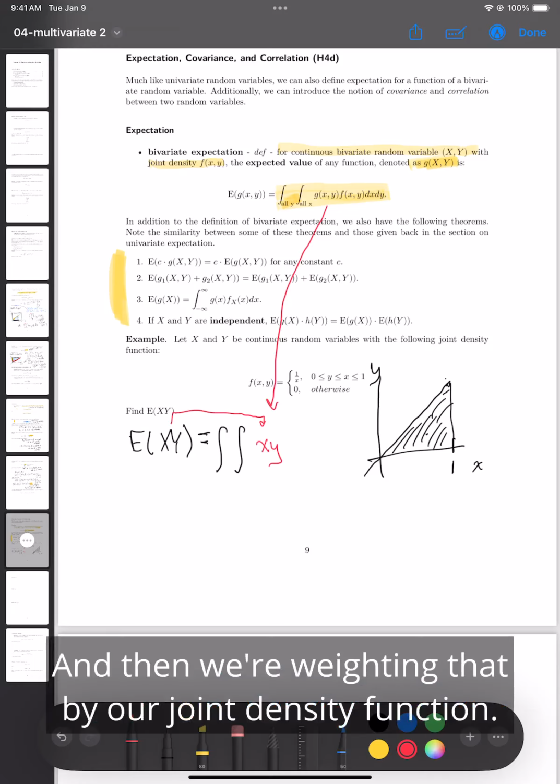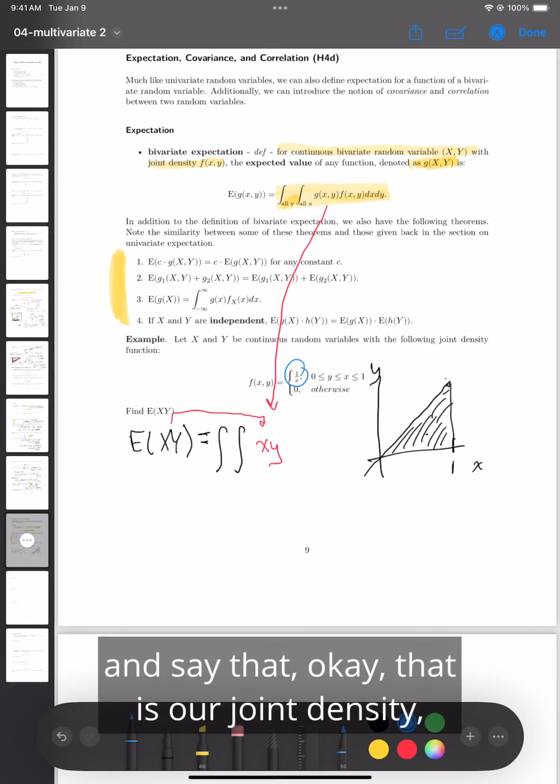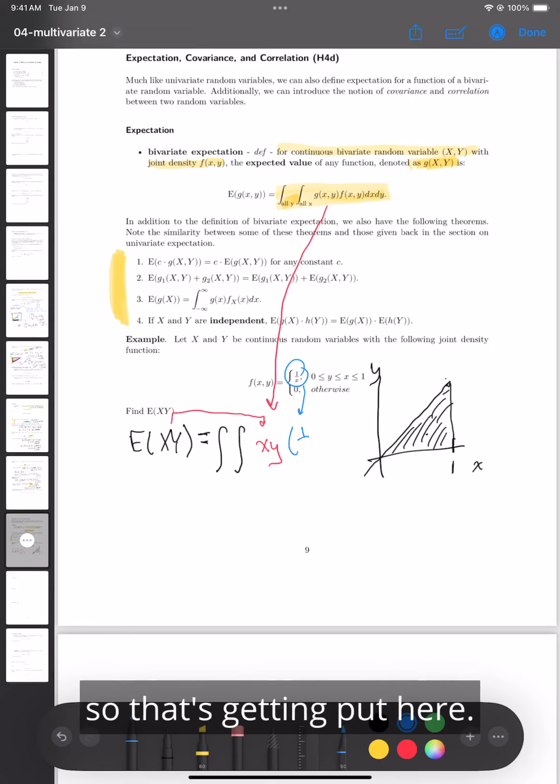Then we're weighting that by our joint density function. I'm going to get really nuts and use 3 different colors, and say that that is our joint density, so that's getting put here.